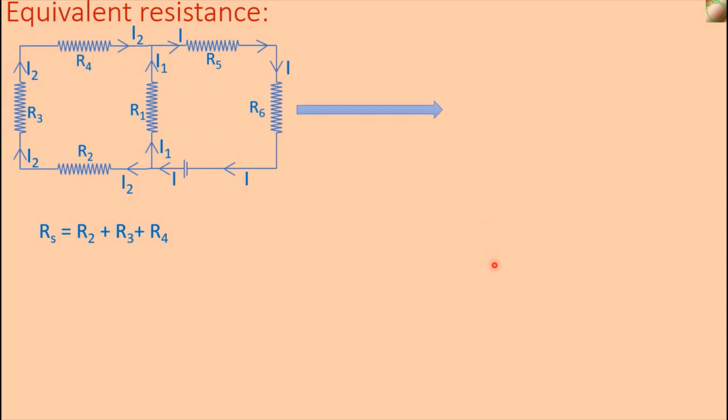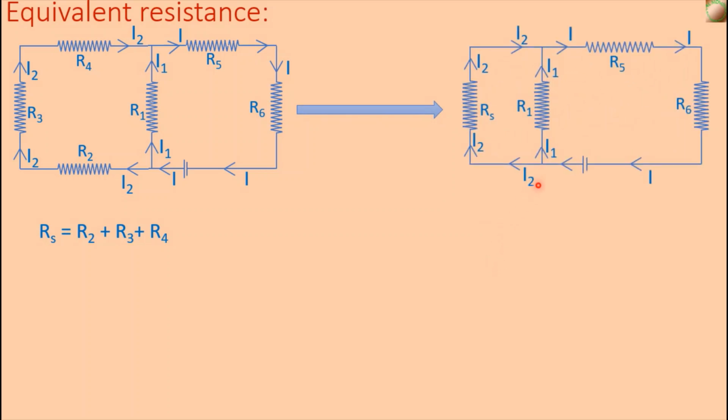Now our new circuit looks like this. Here Rs is the equivalent resistance of R2, R3 and R4. Here R2, R3 and R4 are replaced by the resistance Rs. Now Rs, R1, R5, R6, that is, four resistances are connected in this circuit.